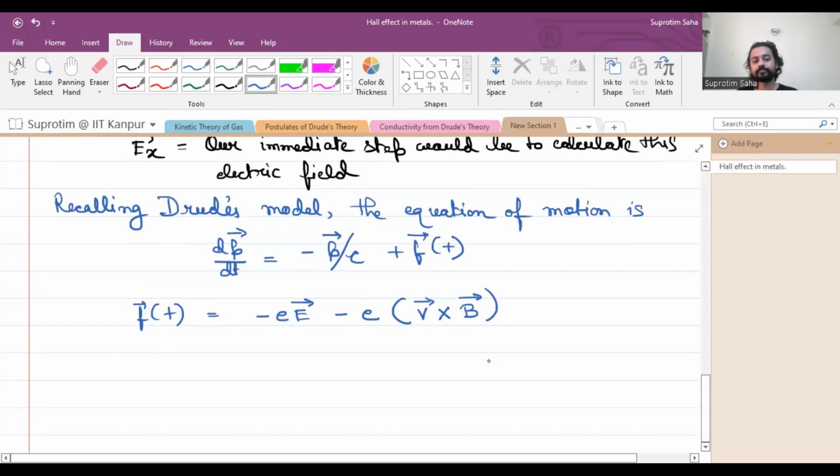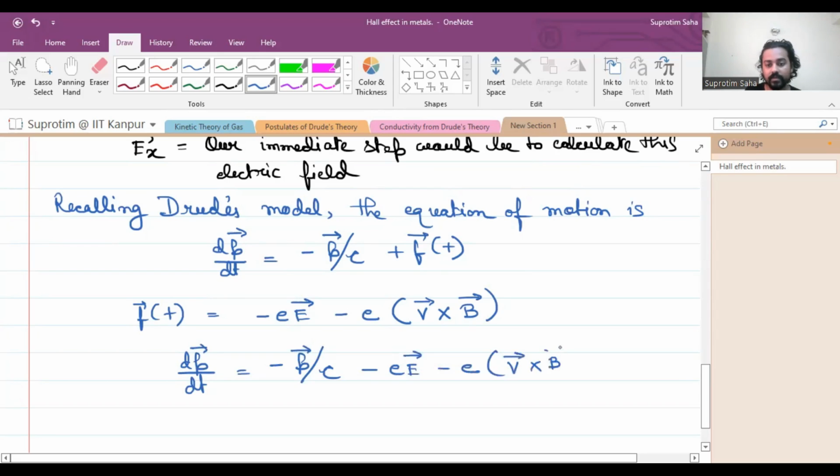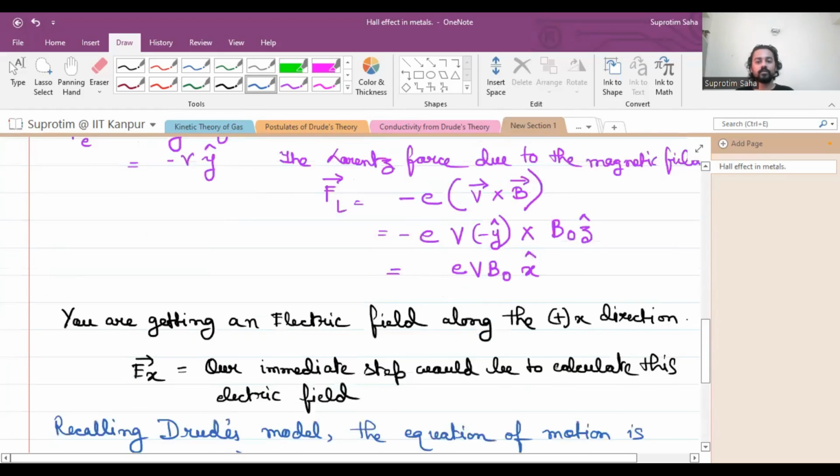All right. So now dp dt becomes minus p over tau minus e E vector minus e v cross B. All right.